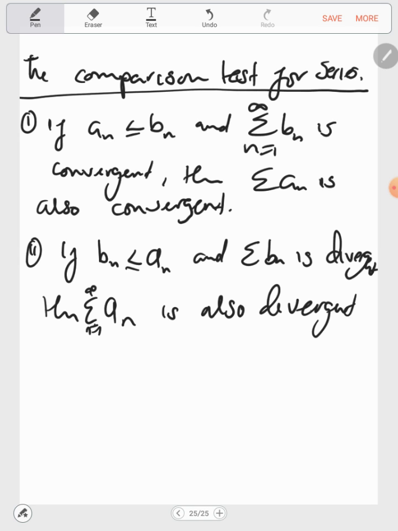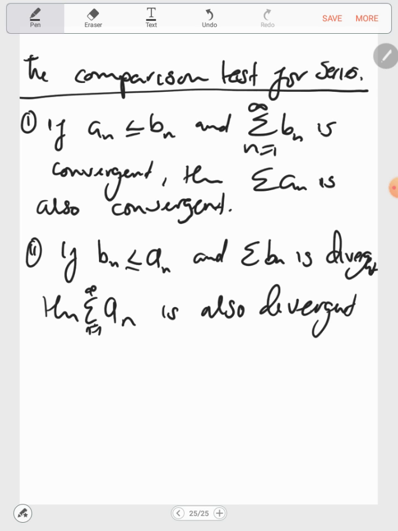So that's the comparison test. If the smaller function is divergent, even the bigger one will be divergent. If the bigger function is convergent, even the smaller one will be convergent.